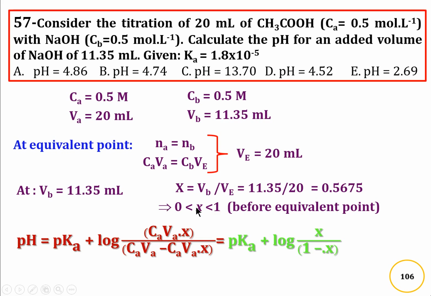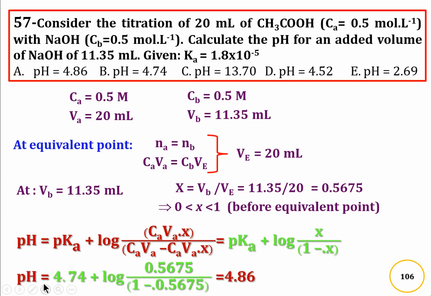For X between 0 and 1 in the titration of a weak acid by a strong base, the relation is pH equals pKa plus log X divided by 1 minus X. So we put X in its value: pH equals the pKa of the couple, which is 4.74, plus log 0.5675 divided by 1 minus 0.5675. So the pH is equal to 4.86, and the correct answer is therefore A.